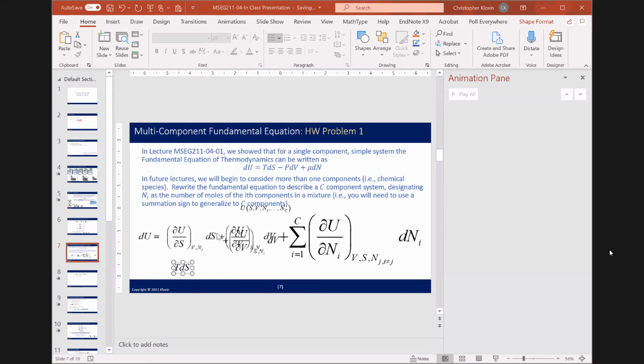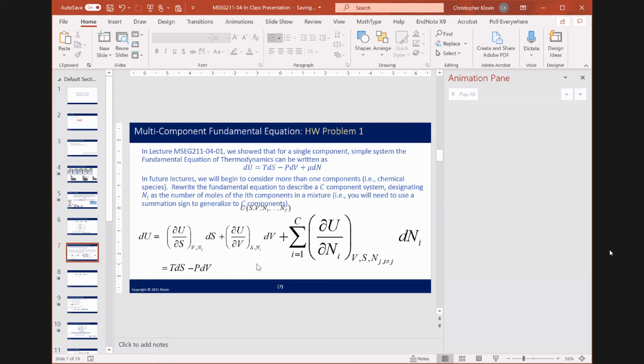Let me just keep my equal sign in front here. And then I can recognize this other one, dU/dV, holding S and n constant, as minus P. So the minus P, it may not seem clear why we add a minus P rather than just P, because literally we could have made it any variable.